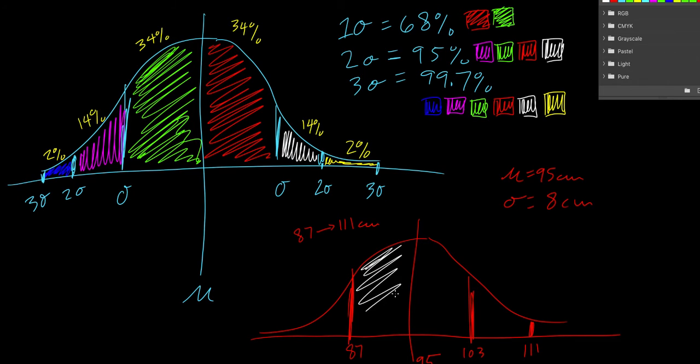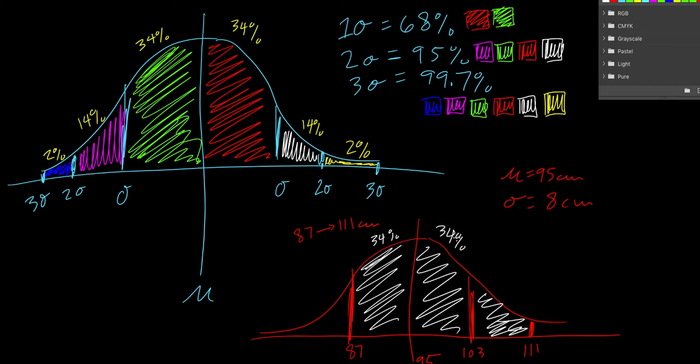Okay, so we're looking for this piece, and this piece. Okay? And let's see how many. Okay, so first we're going to find the percentage of this, and so this is 34, and then 14. Okay, so we add those together, 68, 72, 82.